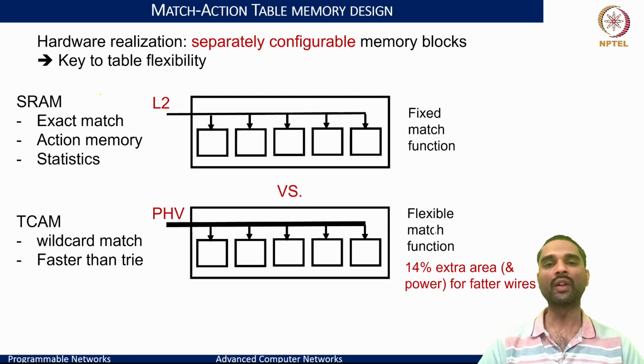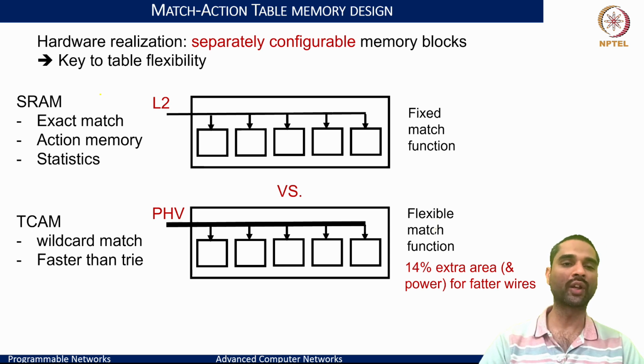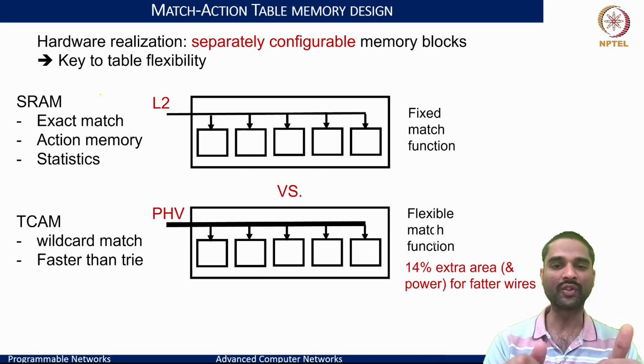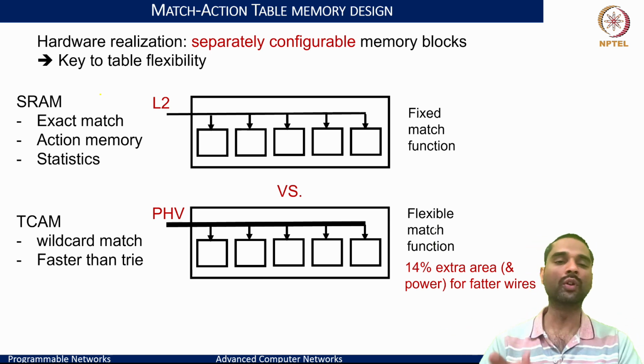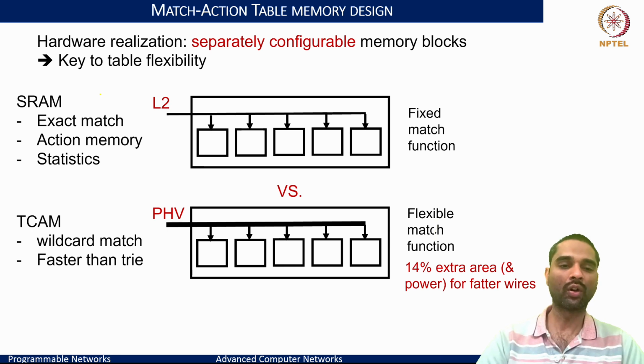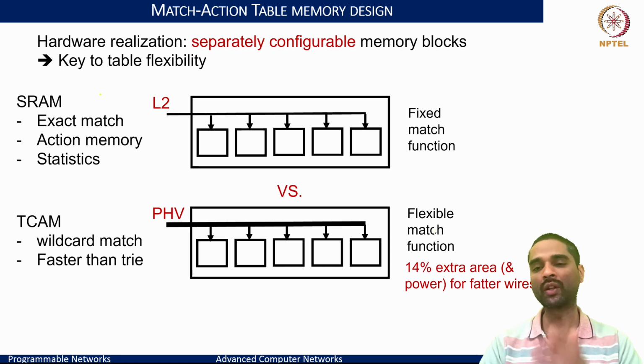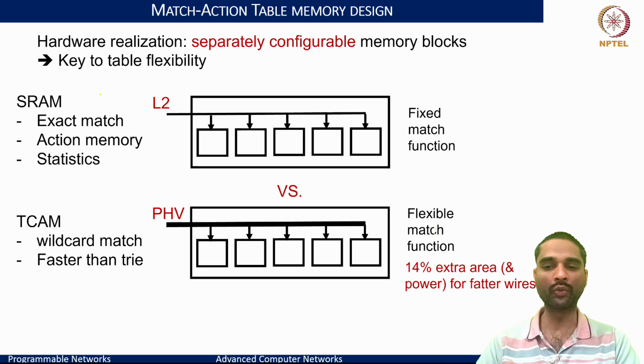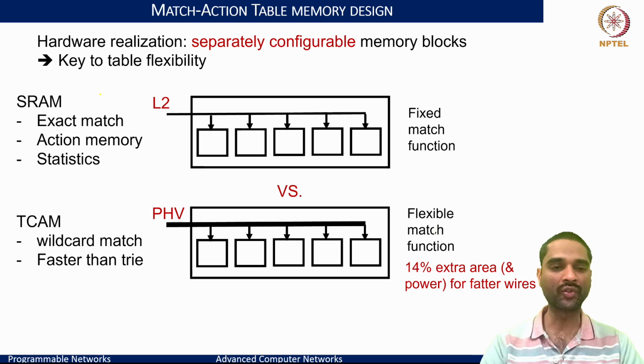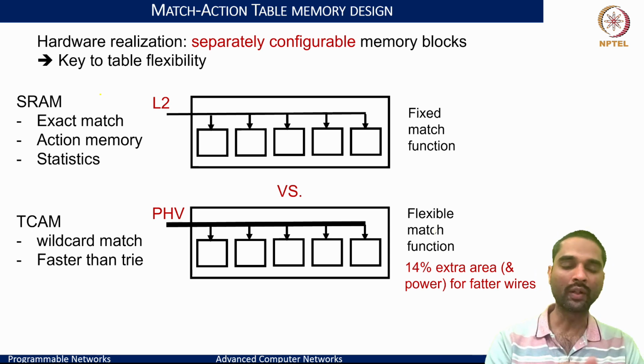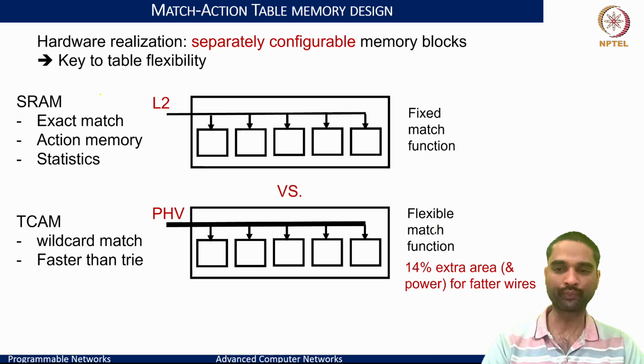And this again can be realized in hardware in different ways. One is just using the SRAM, where you can have an exact match on each of the fields, and once this exact match happens, you would be able to take the necessary actions. Or on TCAM, you could have the packet header vectors with wildcard matches, which allow you to take flexible match functions based on the number of entries that really matched.